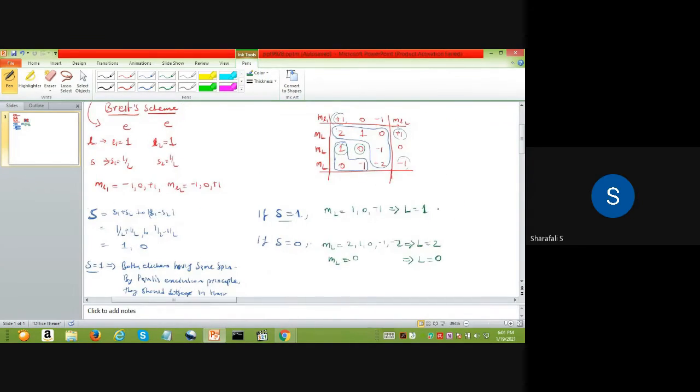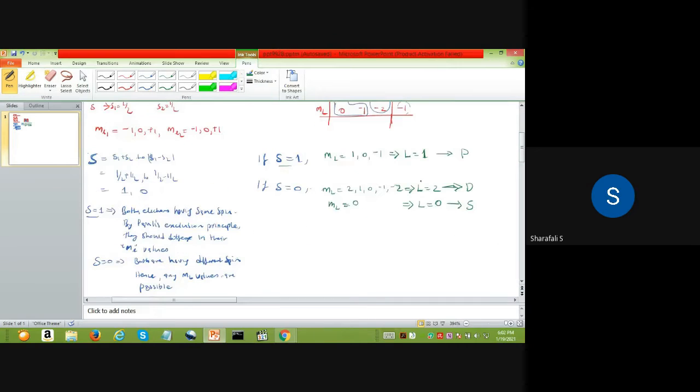So what is this? L equal to 1 means this is P state, this is D, and this is S. But under the condition S equal to 1, we have this L value.